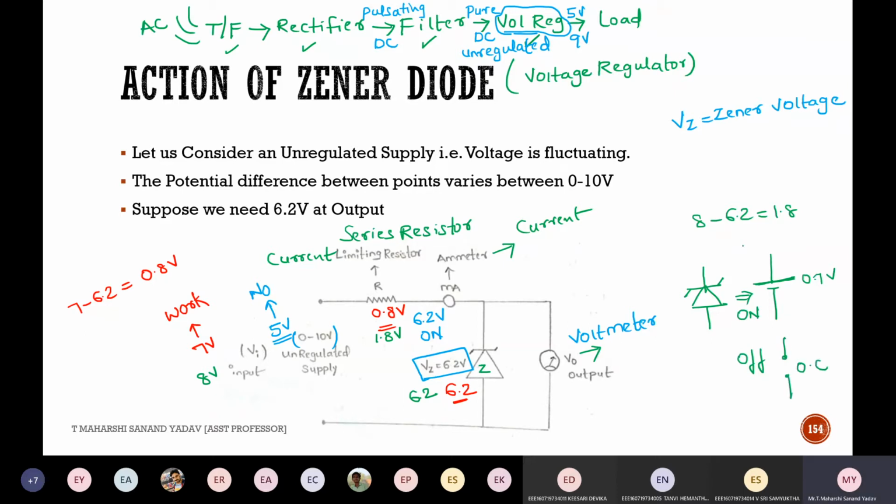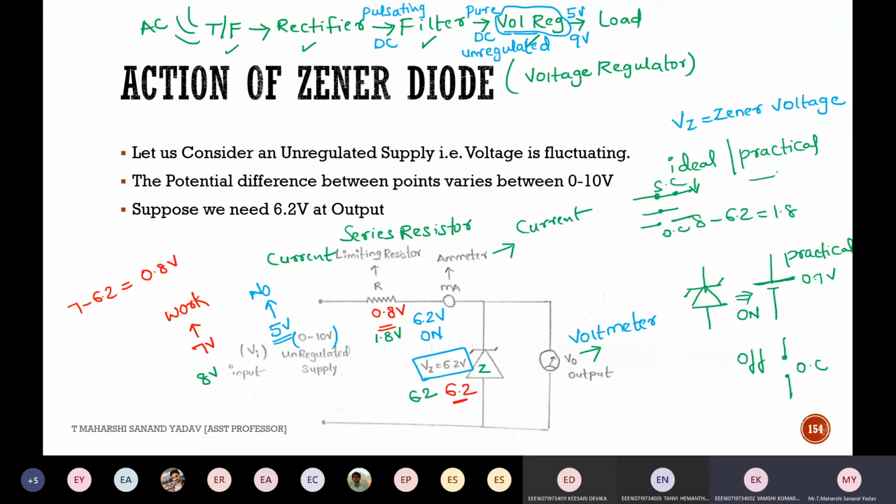So is it an ideal diode or a practical diode? What is ideal and what is practical? Yes, this is a practical diode. For ideal, there are only two conditions, either short circuit or open circuit.